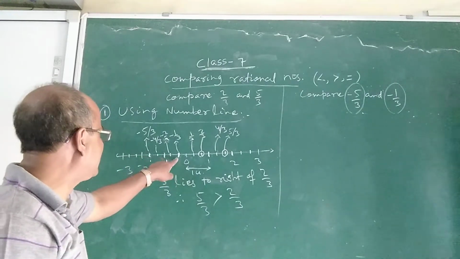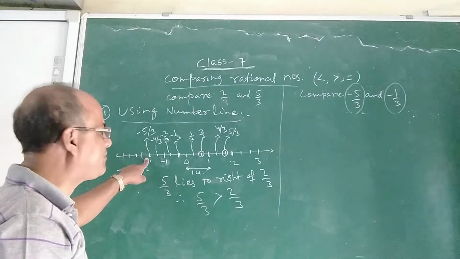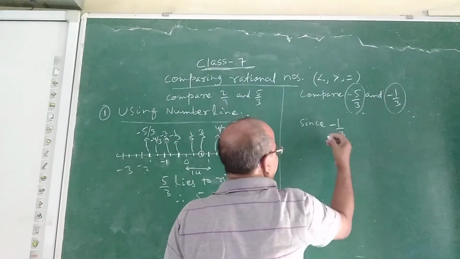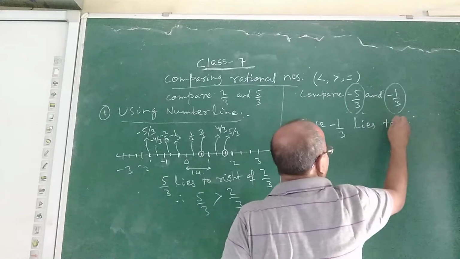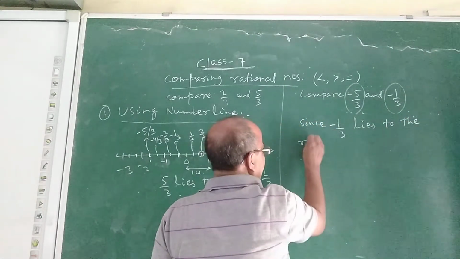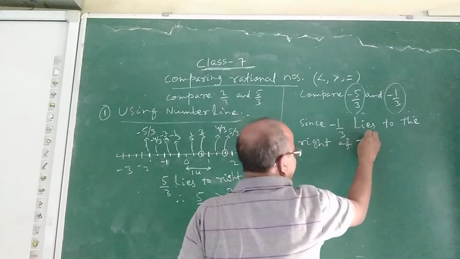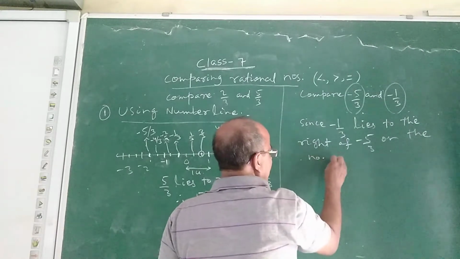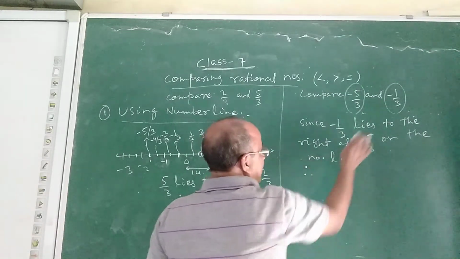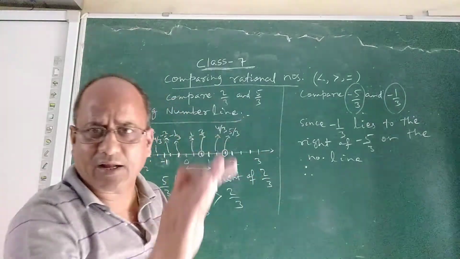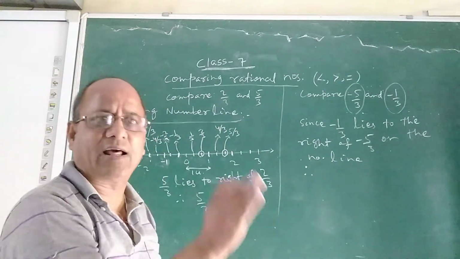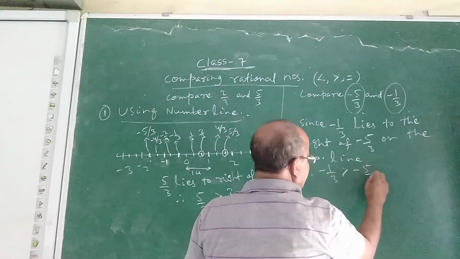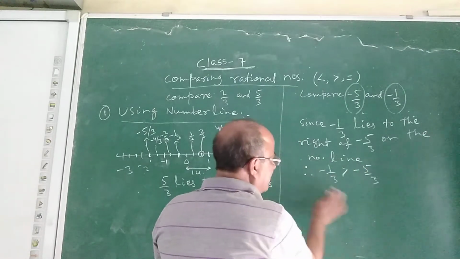So since minus 1 by 3 lies to the right of minus 5 by 3 on the number line, therefore definitely, I said any number lying to the right will be greater than the left. That means minus 1 by 3 is greater than minus 5 by 3, or you can say minus 5 by 3 is less than minus 1 by 3.